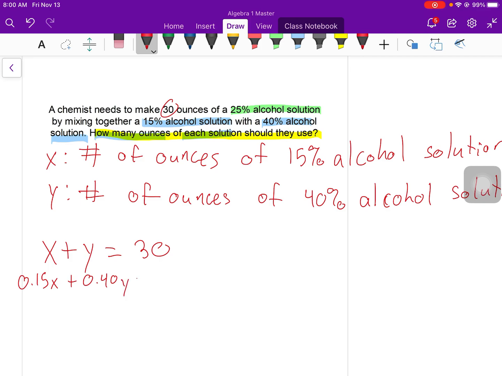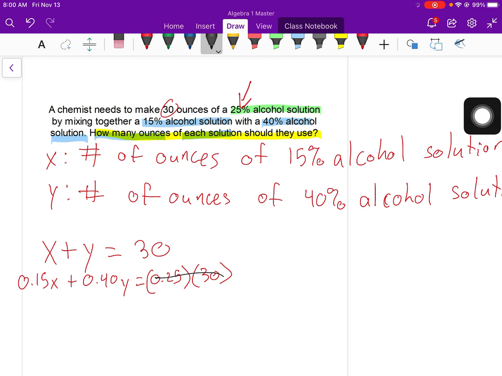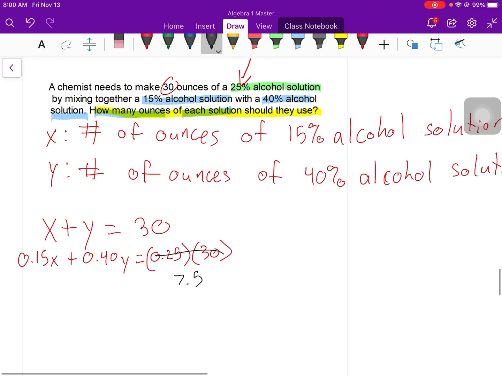I had 0.40 times y. And then this right side is the one that is most commonly missed. I'm ending up with a 25% alcohol solution, and what I'm doing for both of these is the percentage times the number of ounces. I know the percentage is 25%, and I know the ounces ends up being 30. Okay, so I multiply that. Now I actually could calculate that out, and that gives you 7.5.